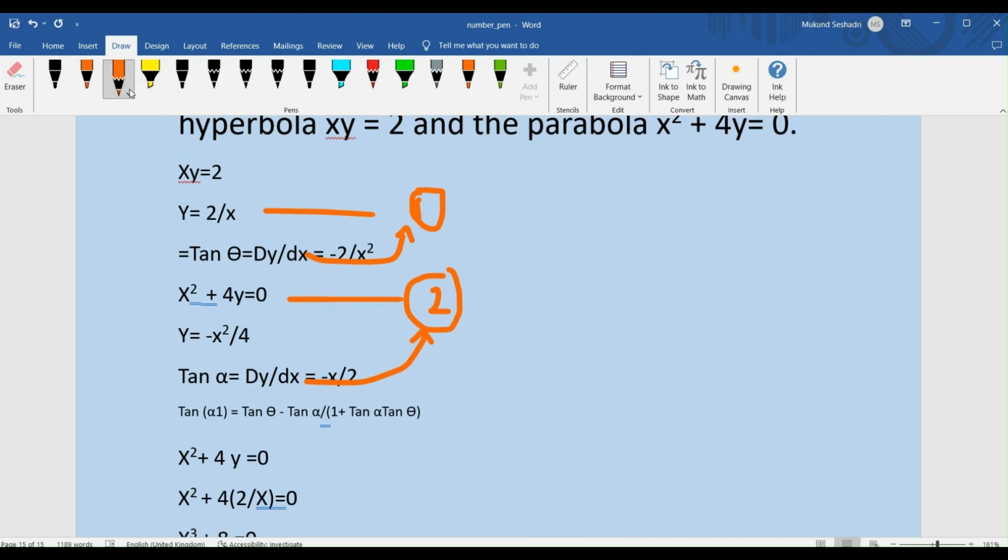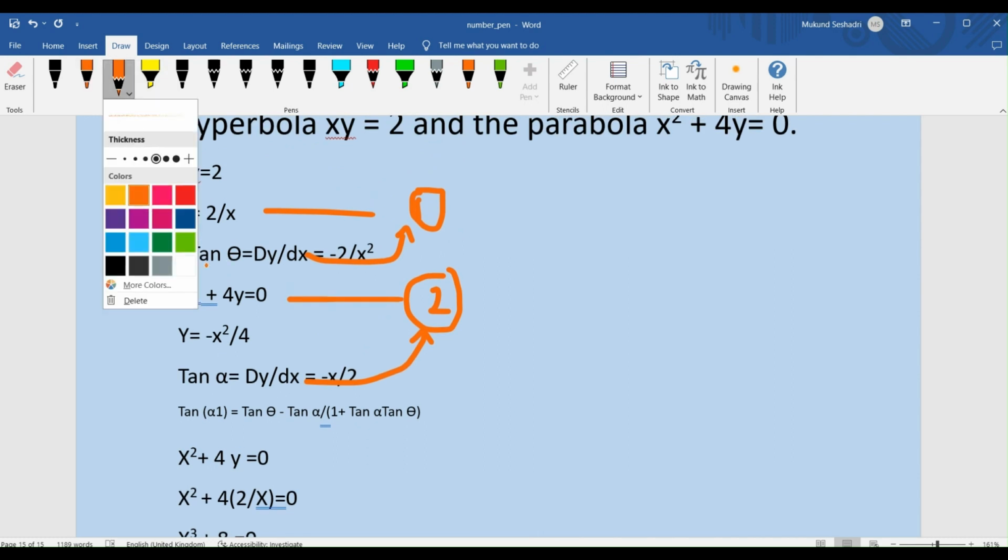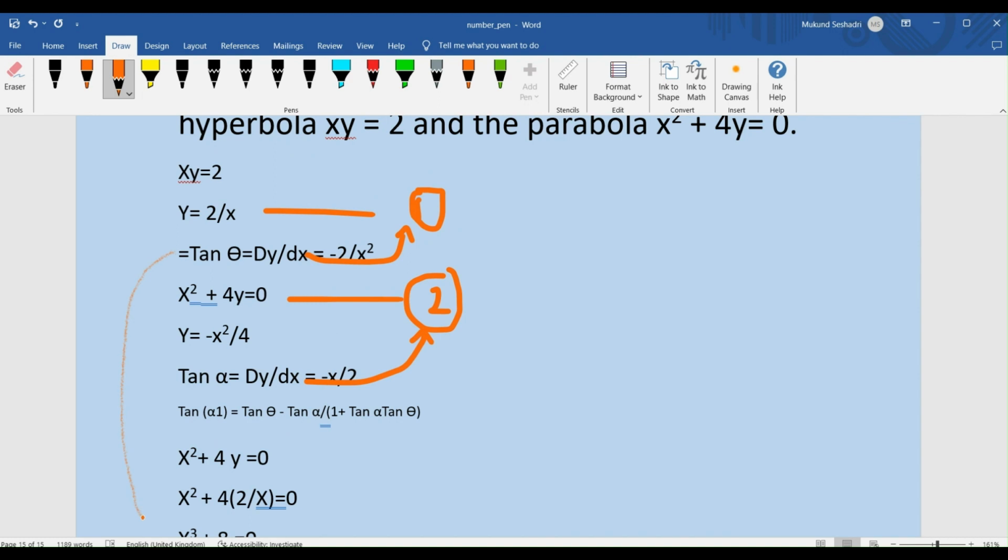I'm just drawing your attention to this earlier working. So I'm gonna bring this down here. Minus 2 by x square, which is minus 2 divided by minus 2 the whole square, which is minus 2 by 4, which is minus 1 by 2, which is nothing but minus 0.5.